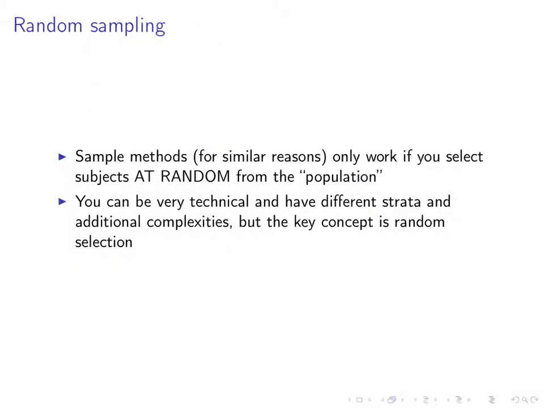Also, random sampling is really important. If you're wanting to understand a survey, it's vital you use some kind of sample taken at random. You can complicate the sample by working with strata and so on, but the key idea is if you want surveys to work, you need to select subjects at random.